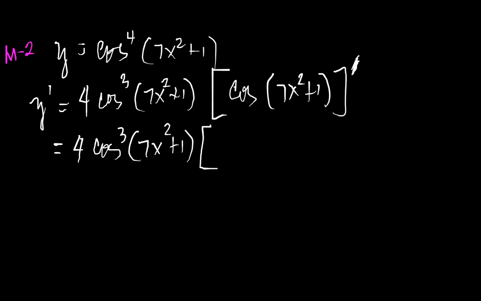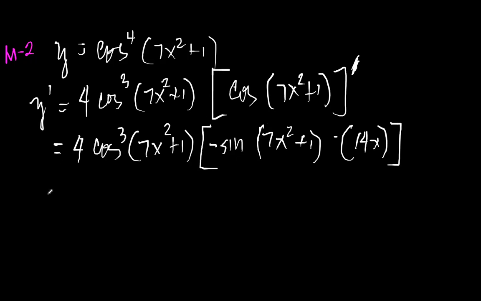What's the derivative of this? The derivative of cosine is negative sine. Of course, we just need to copy the angle, because the trigonometric function sine cannot stand alone without the angle measure. And since we are differentiating a composite function, of course, we need to differentiate the 7x squared plus 1 as well. So that's 14x.